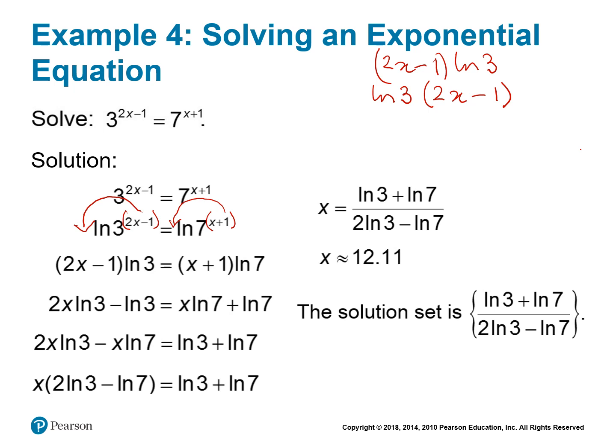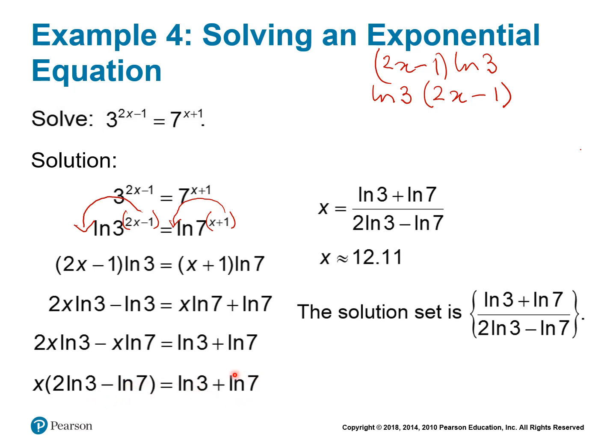So that being said, what's the next step? We have distributed here, and then for the left hand side, they have factored out the common x in both the terms. So x has been factored out, and within brackets we have 2 times ln 3 minus ln 7.